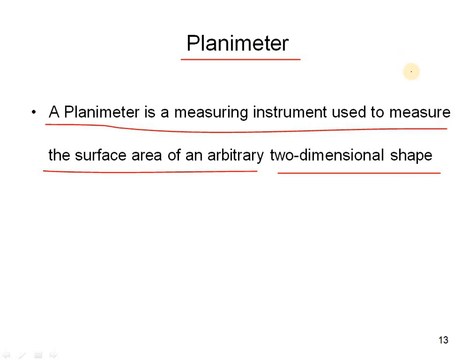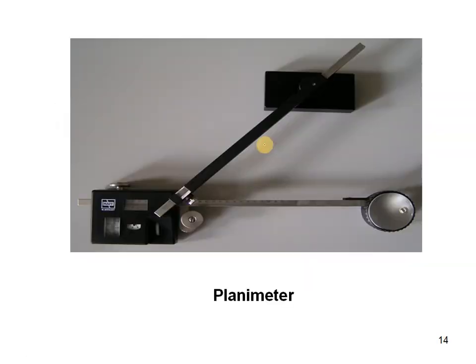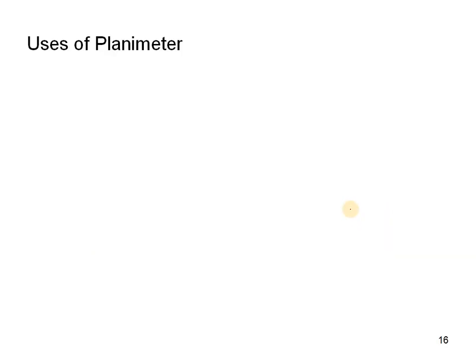That means one-dimensional, two-dimensional, three-dimensional shapes will be there, and in that we will use this planimeter. So this is the planimeter. It will come in a black color box. You can observe here this is the weight rod, this is the wood screw type, and this is our measuring scale.